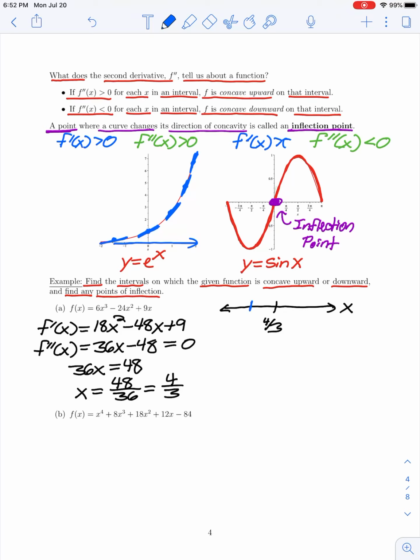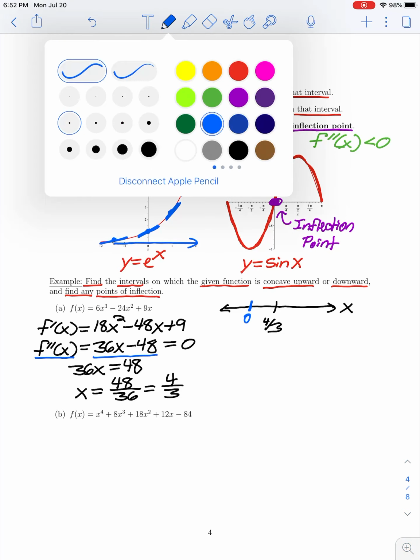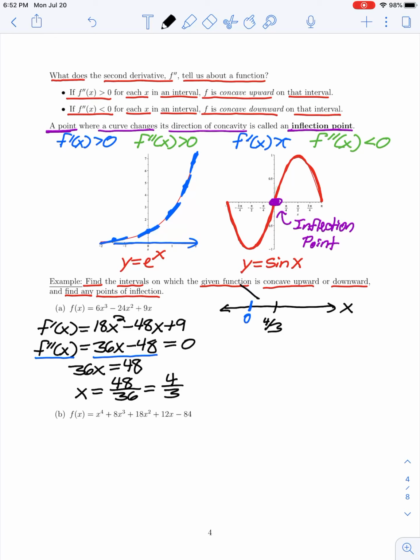So for instance, to the left of 4/3, we might choose x equals 0, and then substituting x equals 0 into the second derivative, we would have a negative 48, which means that our function is concave downward on that interval. Now choosing a test value of x to the right of 4/3, we could take maybe 2 or any number greater than 4/3, and substituting into the second derivative, we would have 72 minus 48, which is a positive number. So our function is concave upward on that interval.